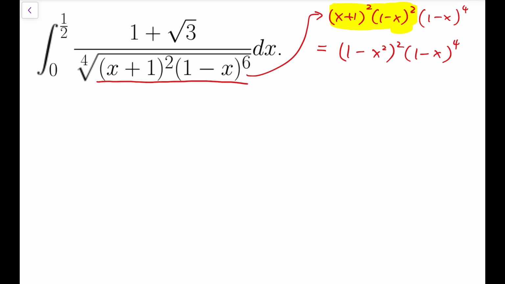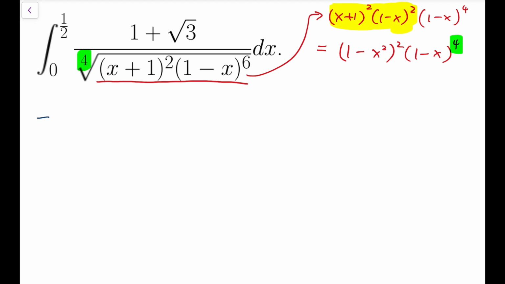Apart from making use of the identity of difference of squares to combine some of the terms, the second reason for me to do this is that I will end up having 1 minus x to the power 4. And when I take this whole expression to its 4th root, this index will be cancelled out.